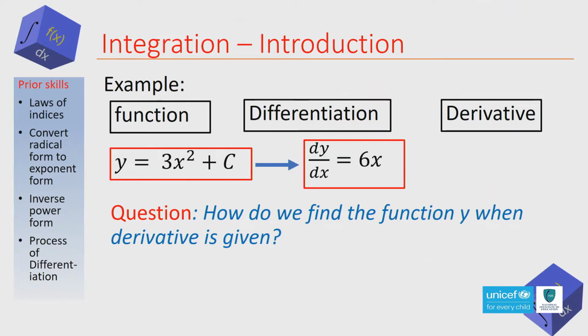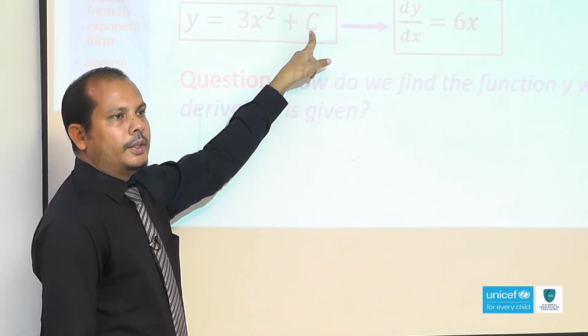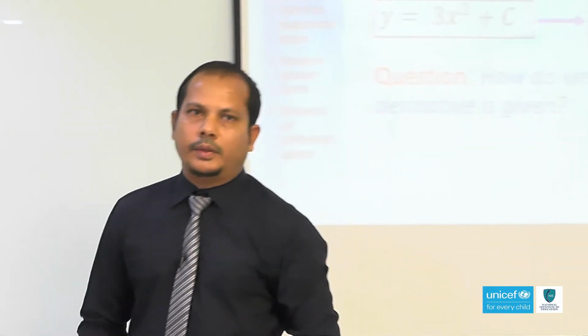If 6x is given as a derivative, how do you go back? That process is known as integration, and it also has another name, indefinite integration. We call it indefinite integration because we will have an undetermined constant here, which will be named the constant of integration.